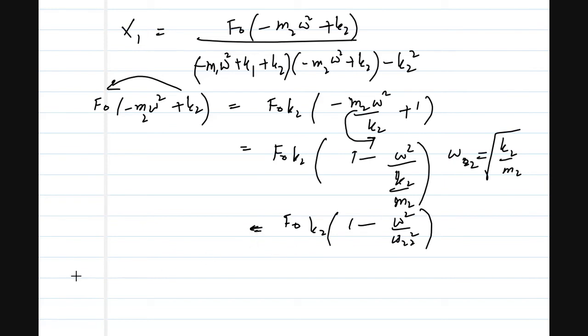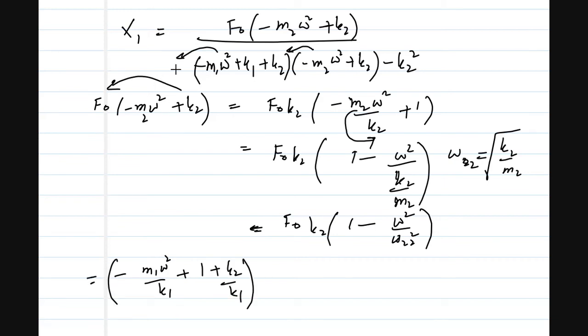Now we have to solve the denominator. For the denominator, we take the same approach. If I take k1 out of this bracket and k2 out of this bracket, you get minus m1 omega square over k1 plus 1 plus k2 over k1.